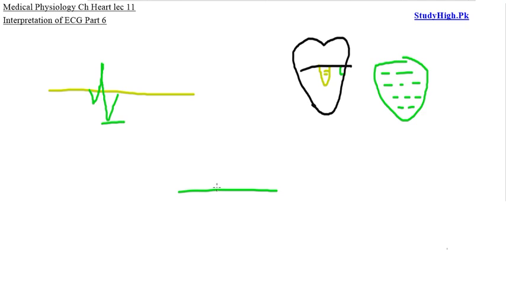So for the completion of our QRS, the necessary condition is that all our ventricular muscles should be depolarized. Then it touches the horizontal line, which means that our QRS complex has ended. So the first thing that you must know is that our QRS wave starts forming when depolarization of ventricles just starts, and it ends when all the muscles of ventricles are in depolarized form.